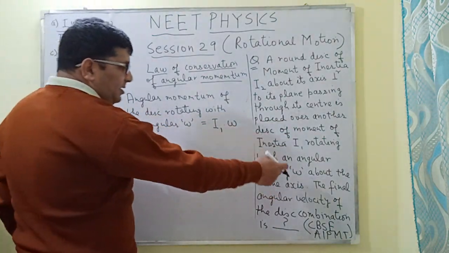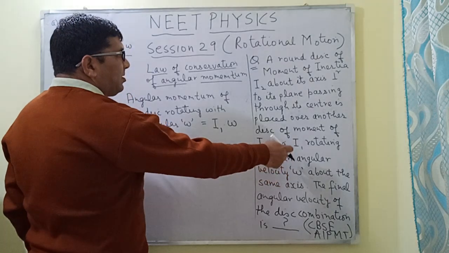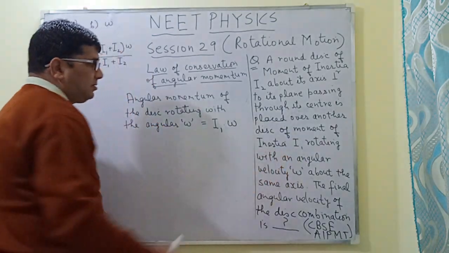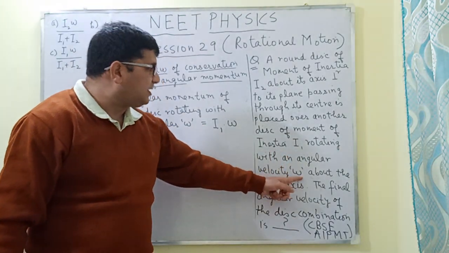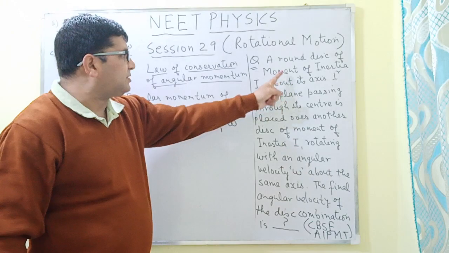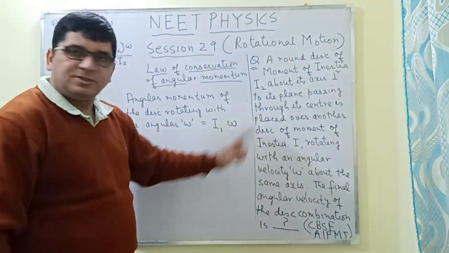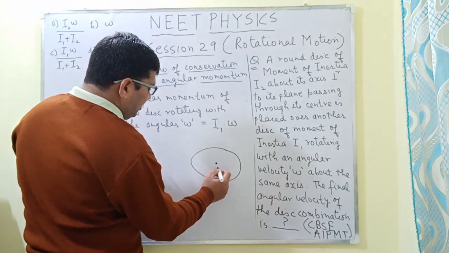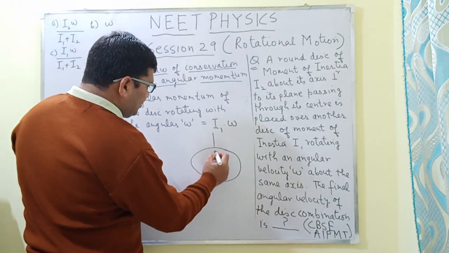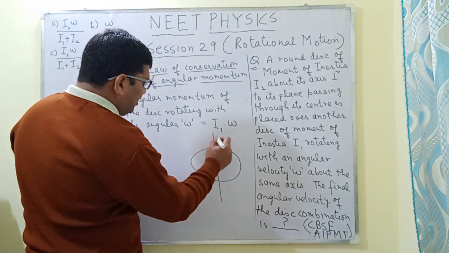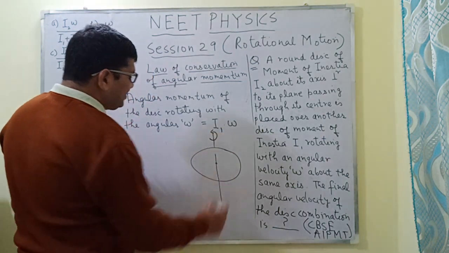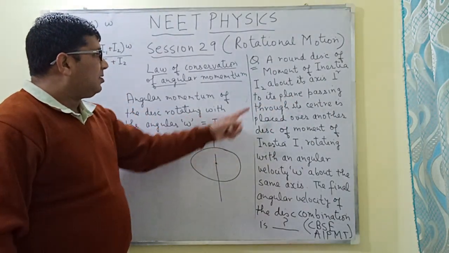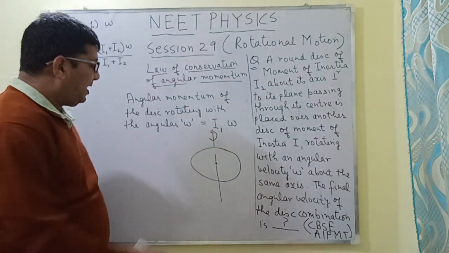The axis of rotation of this disk and of the disk placed over it is the same. Let us say this is a disk, and this is the axis of rotation, which is perpendicular to the plane of the disk passing through the center.